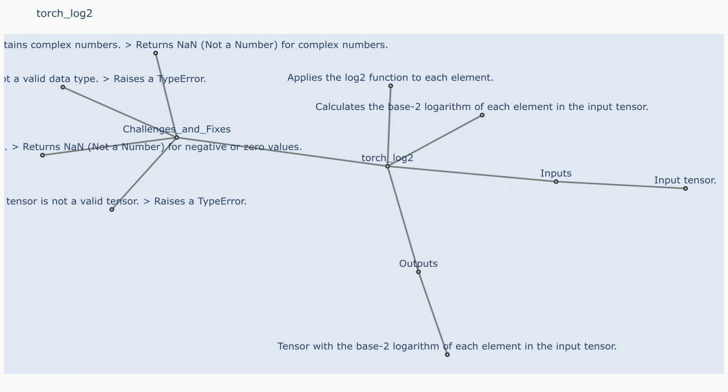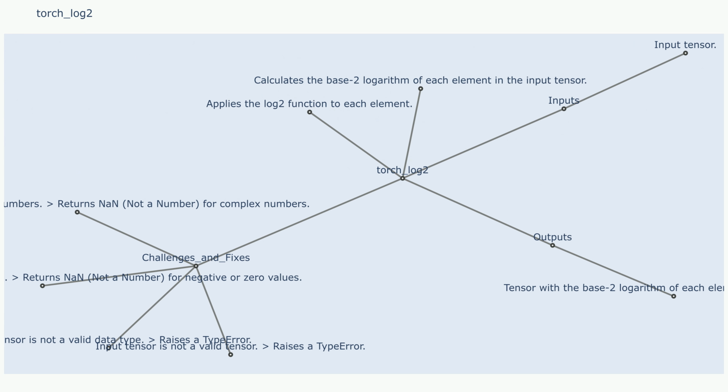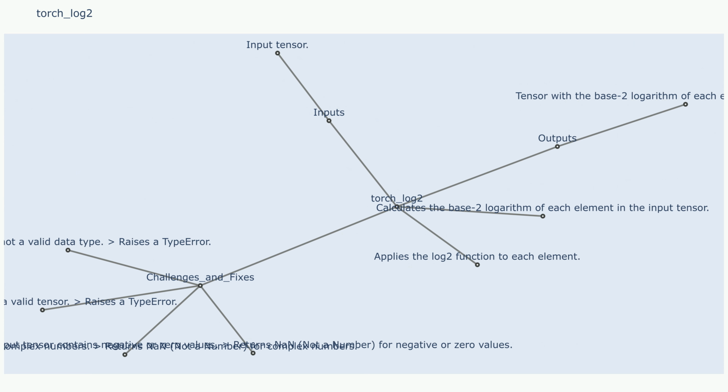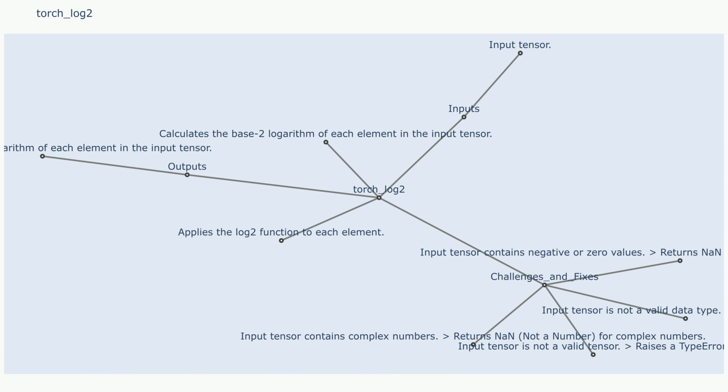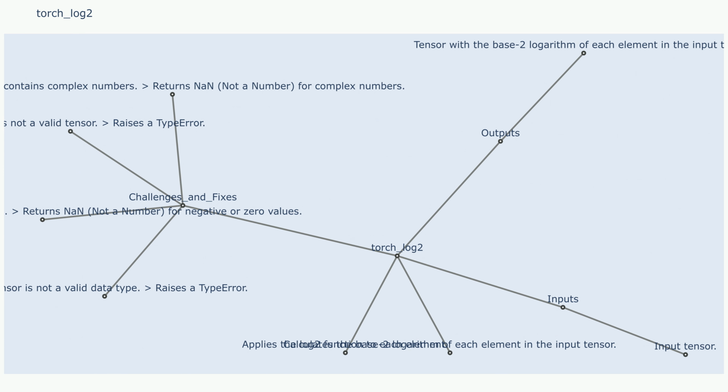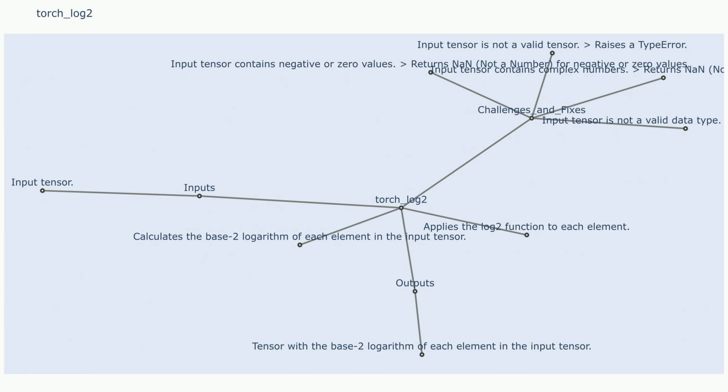Challenge 2: Input tensor contains non-floating point values. Sample use case that resulted in challenge 2: torch.log2(torch.tensor([1, 2, 3], dtype=torch.int)). Fixes to challenge 2: The function implicitly converts the input tensor to a floating point tensor before calculating the logarithm.